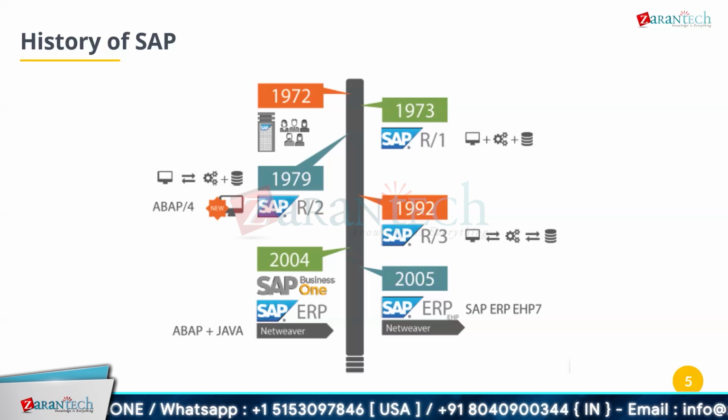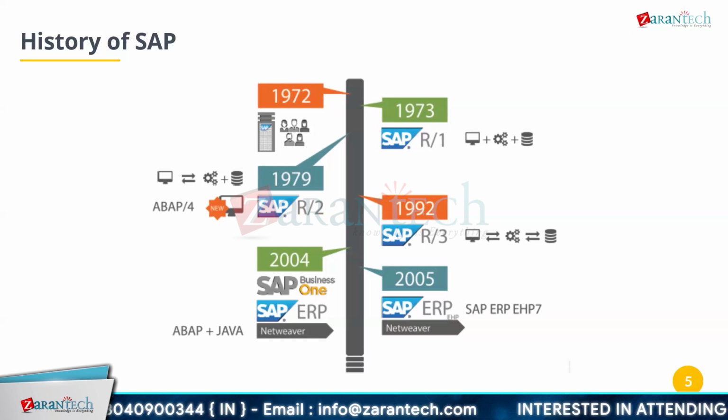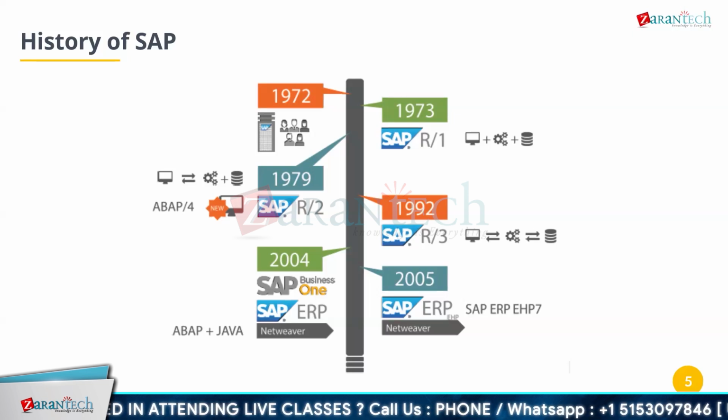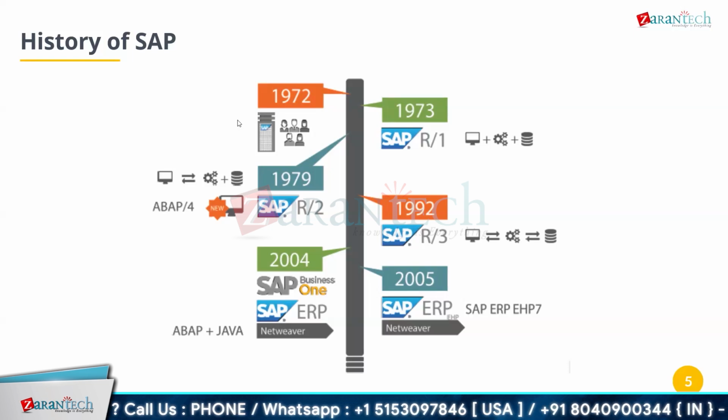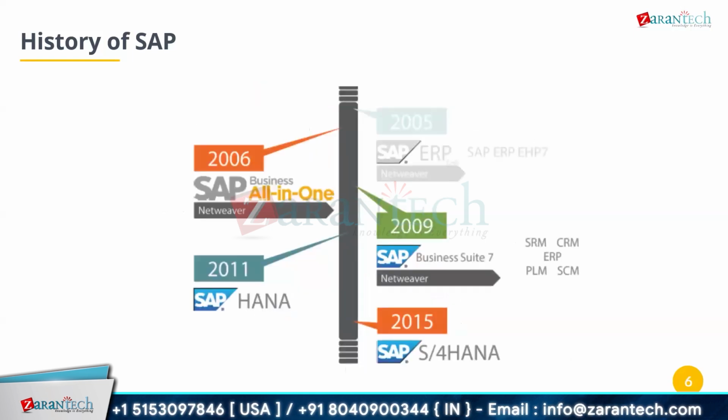In 2004, they also introduced SAP B1, or Business One, which is UI-based SAP, not transaction-based. Then in 2005, they introduced ERP EHP 7. After 2005 there were significant changes, and they introduced SAP Business All-in-One.